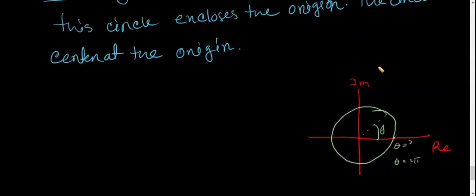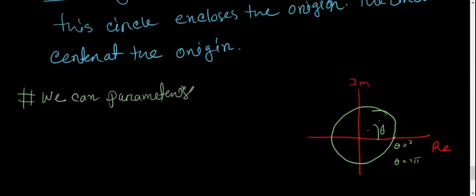And if you recall, this is the same thing as representing a complex number in the polar form, so we can parameterize the path or the contour by z equals r e to the power i theta, but r here is just 1 because the circle has a radius 1.